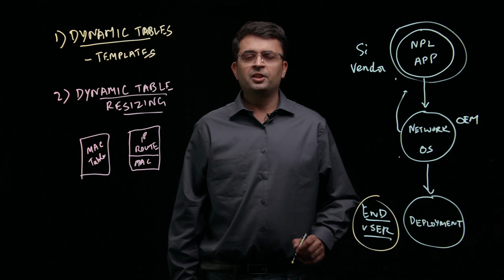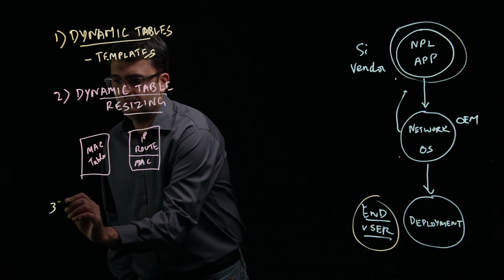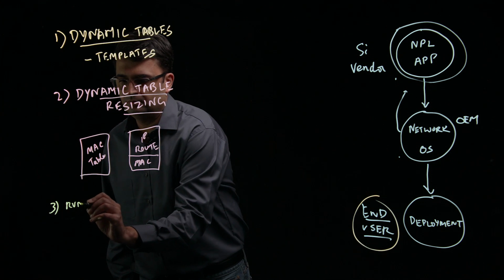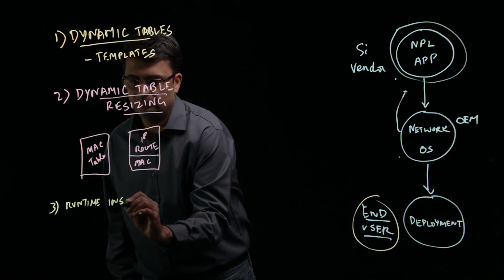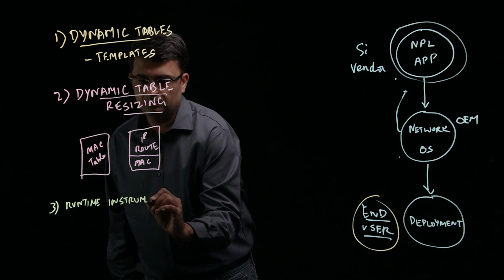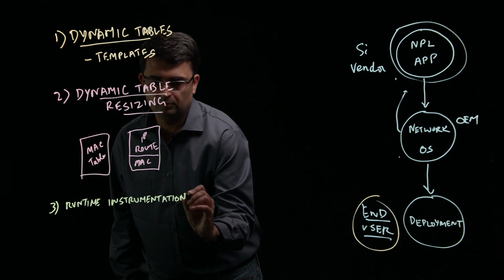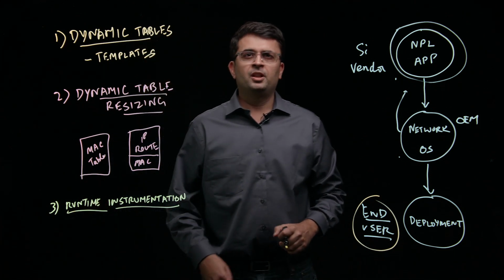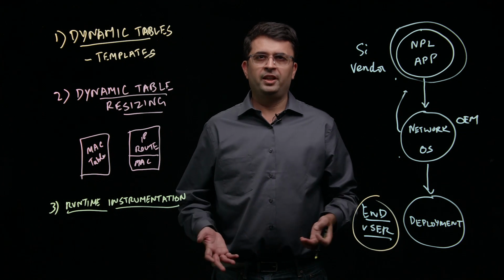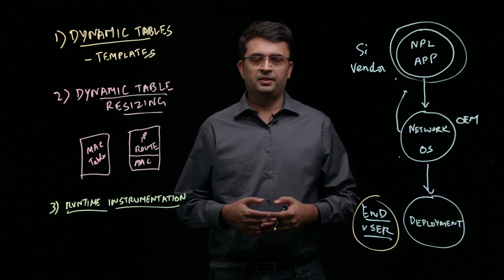So the third feature we'll look at is runtime instrumentation. With networks becoming ever larger and more complex, instrumentation and visibility are key features for any networking device.